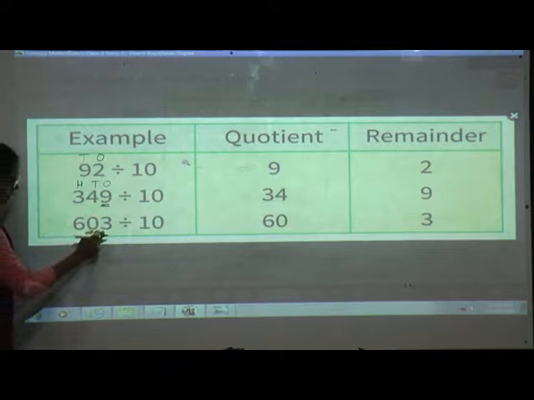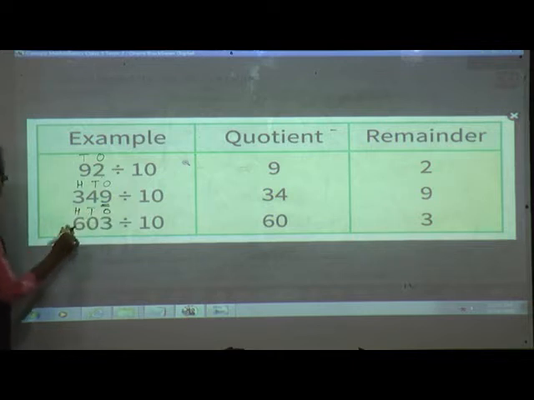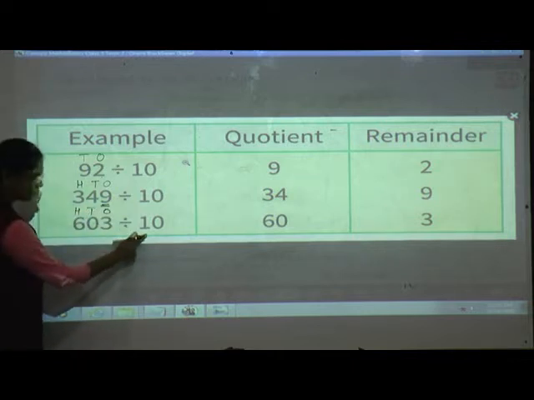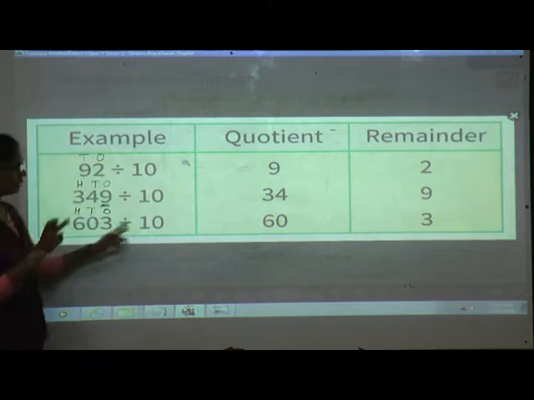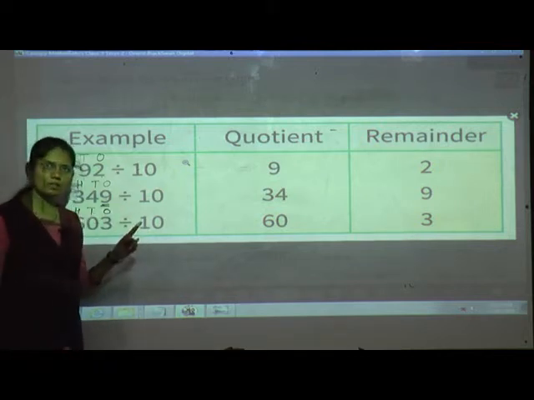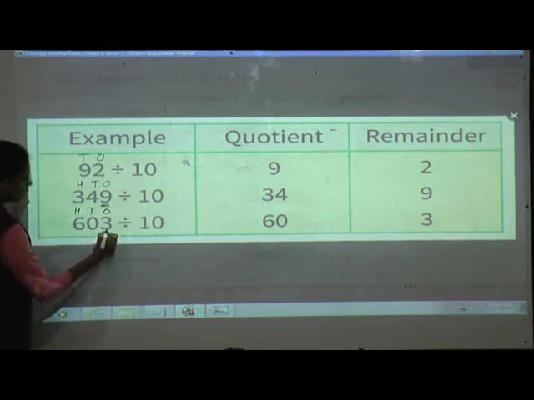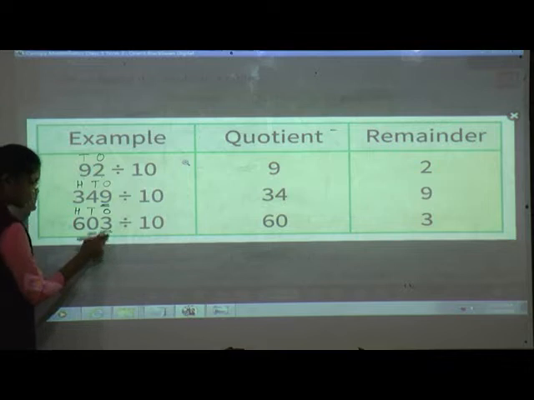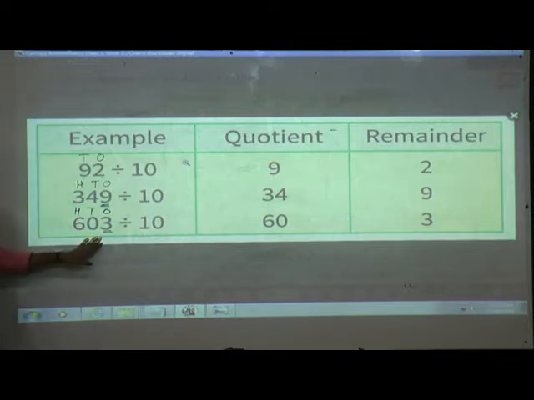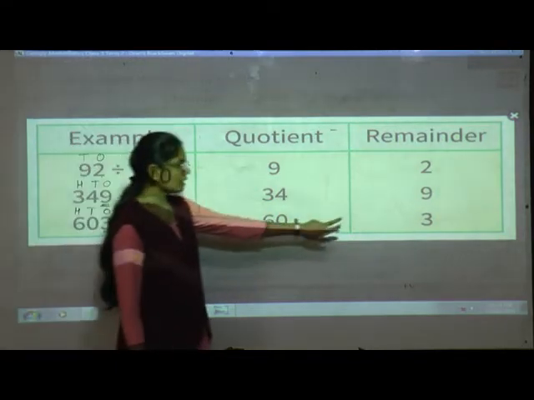Now see the third example. Here 603, again a 3-digit number. So this is ones, tens and hundreds. Now see 603 divided by 10. When we divide any number by 10, the number at the ones place will be the remainder. So in 603, at the ones place, 3 is there, so after solving we will get the remainder 3, and here we also got the remainder 3.